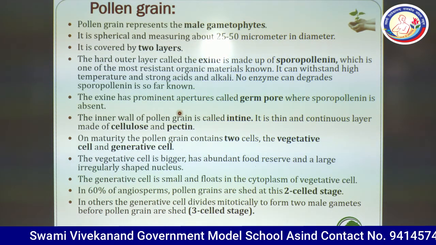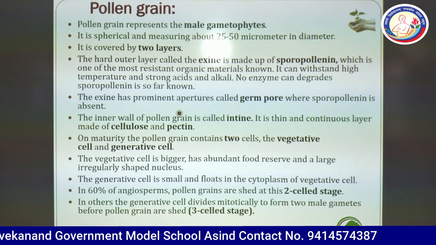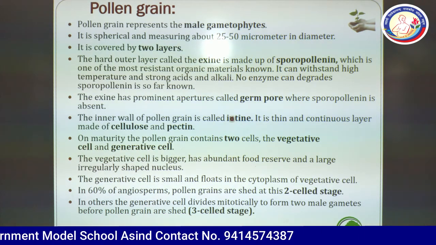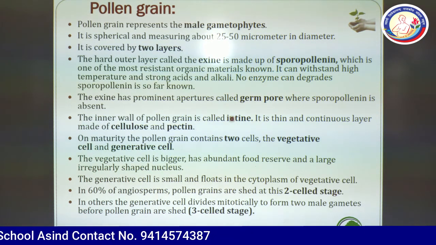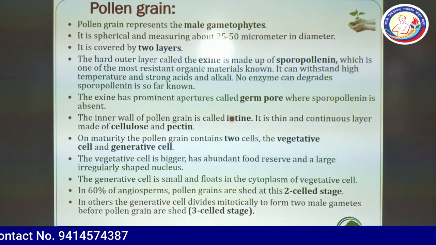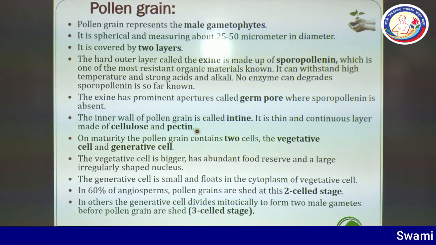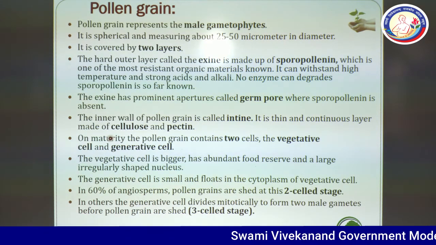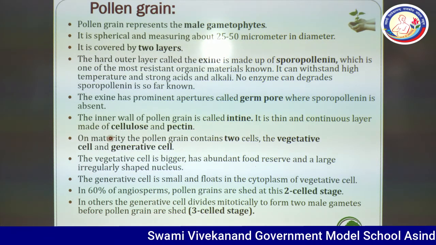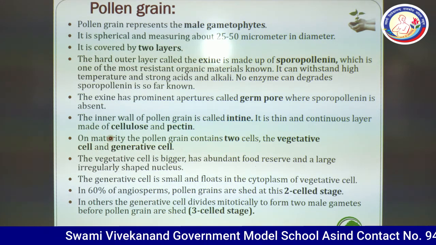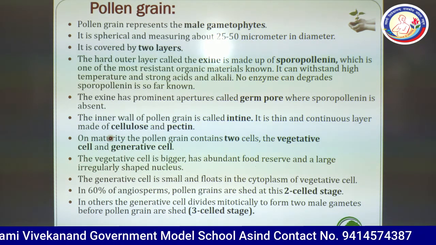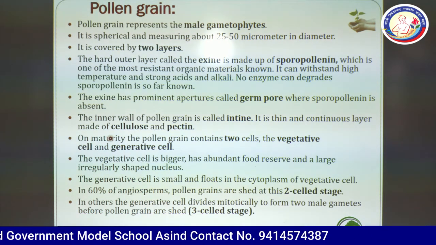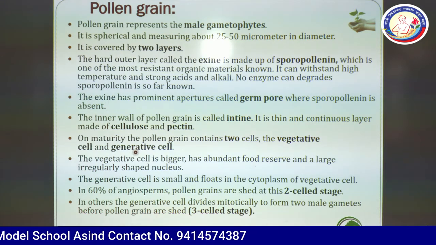And the inner layer of the pollen grain is known as intine. This is a thin and continuous layer made of cellulose and pectin. So you can clearly see here, the pollen grain is surrounded by two layers, outer exine and inner intine.